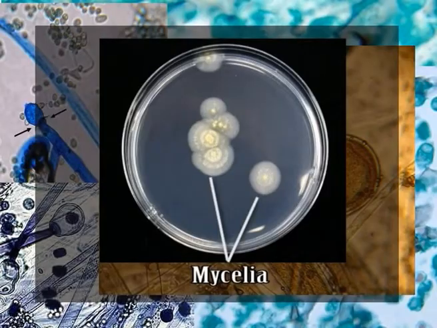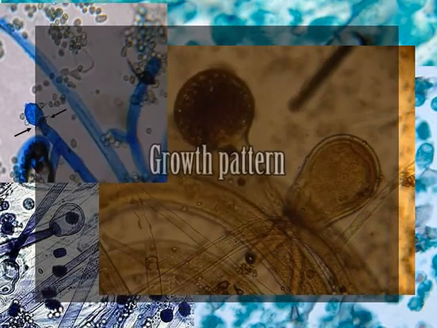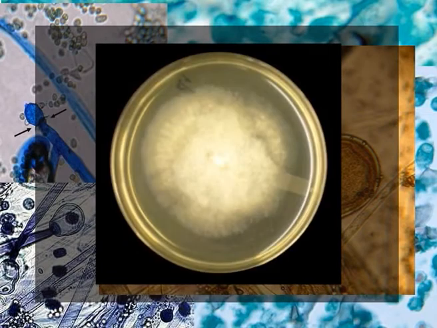In anaerobic liquid cultures, especially in the presence of carbon dioxide, its mycelium breaks down into small spherical and independent cells. This is called the torula stage or torula condition. Growth pattern. Colonies of Mucor grow rapidly at 25 to 30 degrees Celsius and quickly cover the surface of the agar in culture medium.